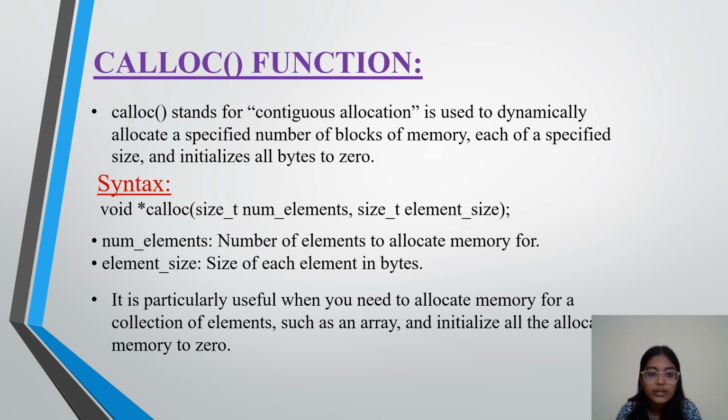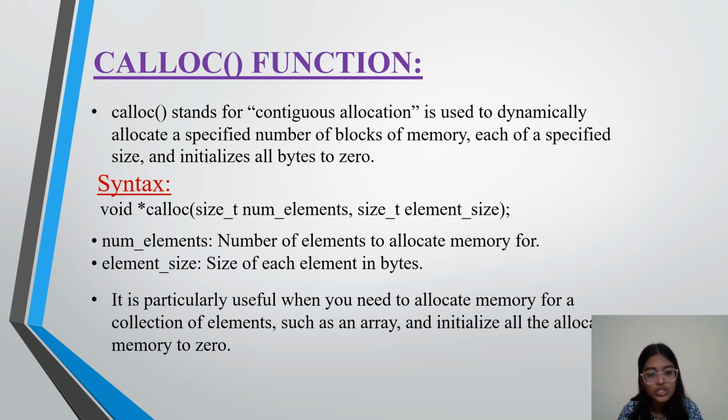I mean, a huge number of memory blocks is being assigned to some array, or anything like an object. It is used to allocate a specified number of blocks of memory, each of specified size, and initializes all bytes to 0. And the main thing in the calloc function is it initializes all bytes to 0. So that is the main difference between malloc and calloc.